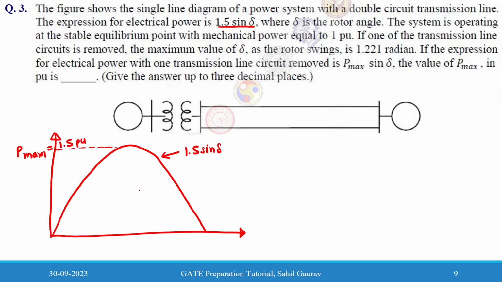Now when one of the lines is removed, this curve will come down.